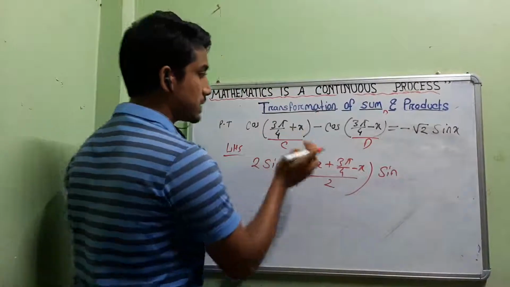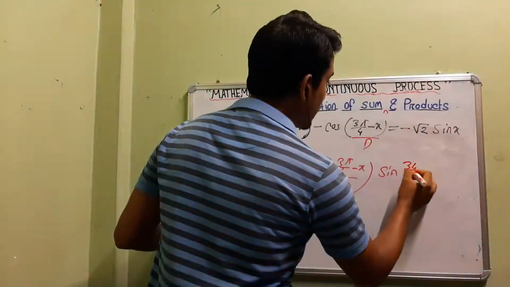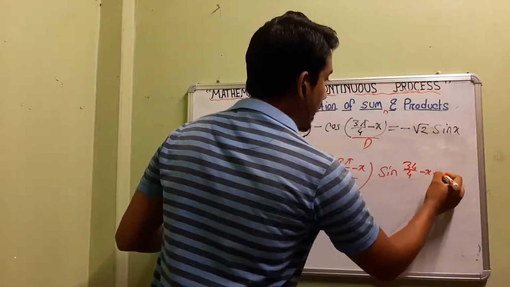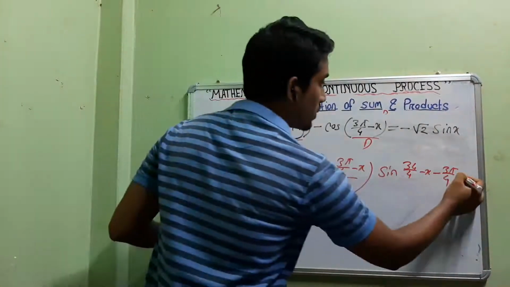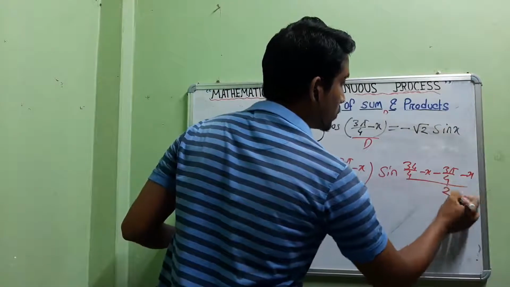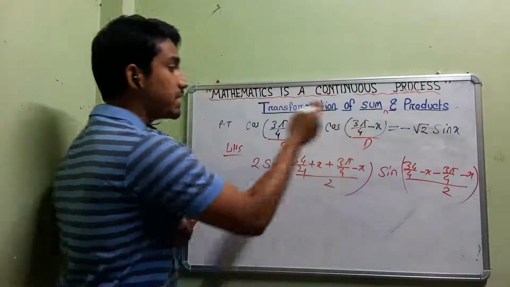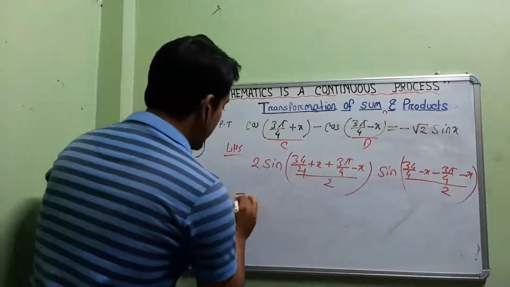this minus this, so will be what you see, 3 pi by 4 minus x minus 3 pi by 4, that one will be, this plus will change to minus, minus x whole divided by 2. So that one is sine d minus c by 2. Okay, in the reverse manner, already I have told.